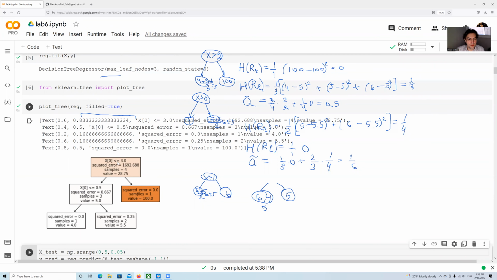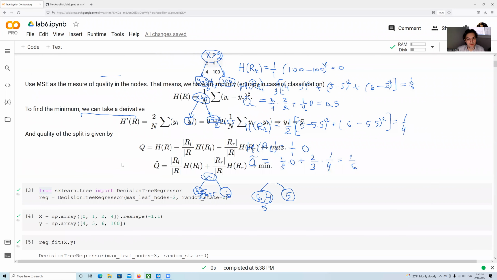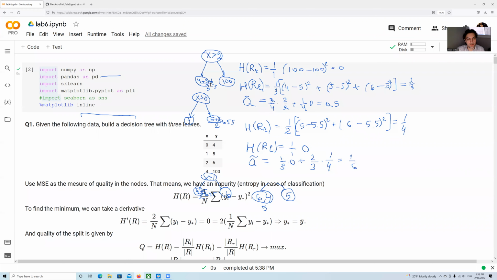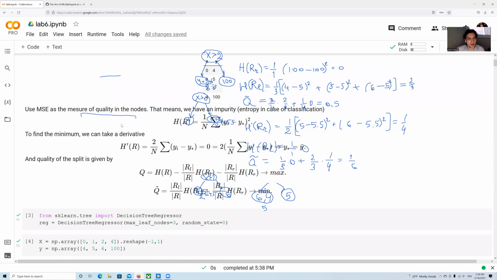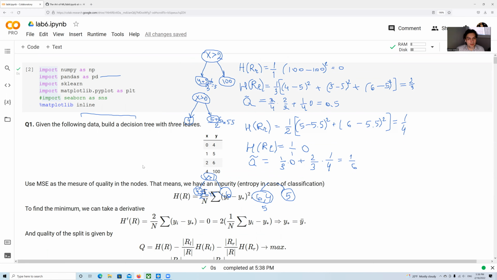Here you can see the first split along x equals 3. You remember we split it along x equals 2. I believe scikit-learn takes the mean value between 2 and 4.